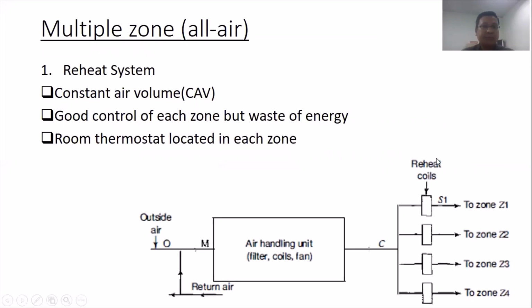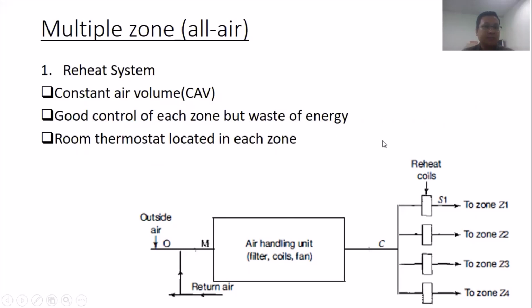And for multiple zone, we have several characteristics. The first characteristic is the reheat system. So for multiple zone, they should build the reheat system. The reheat system can supply constant air volume, or we call it CAV for short.